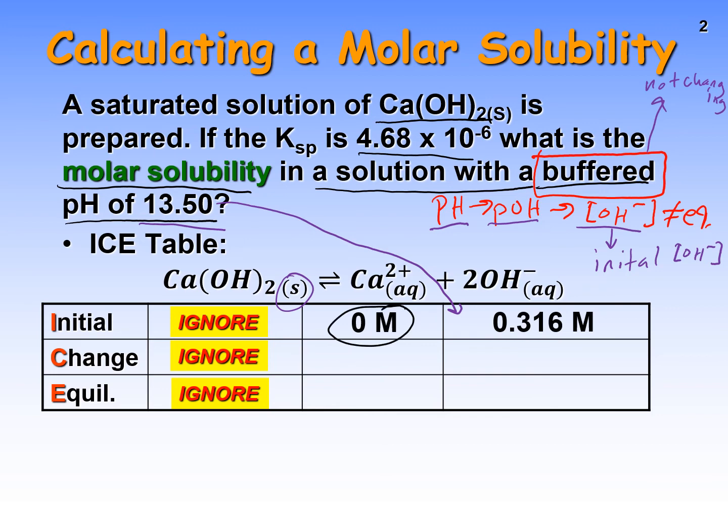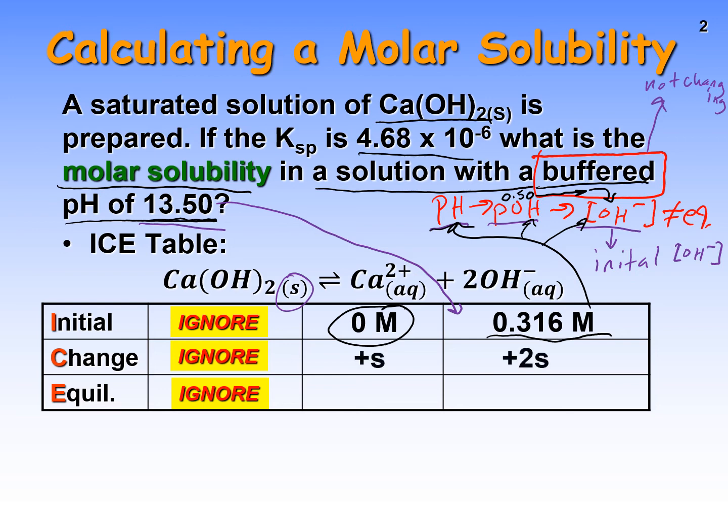This guy's 0, and this guy here is what I calculated using this whole process. Which again, I'm not going to show on this slide because we've done it quite a bit, but we can go pH, we have it, it's 13.5. 14 minus 13.5 gives me my pOH, which is 0.5. I can do 10 to the negative pOH to get OH minus concentration, and you should get 0.316.